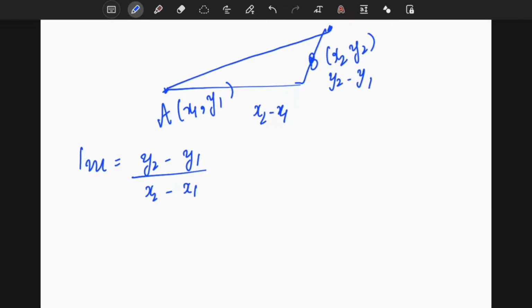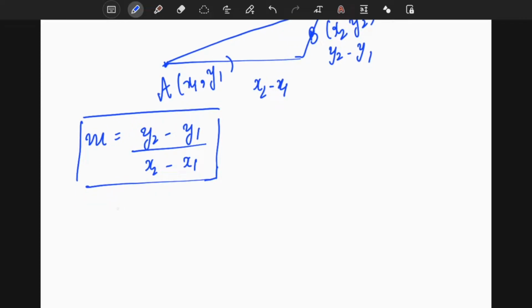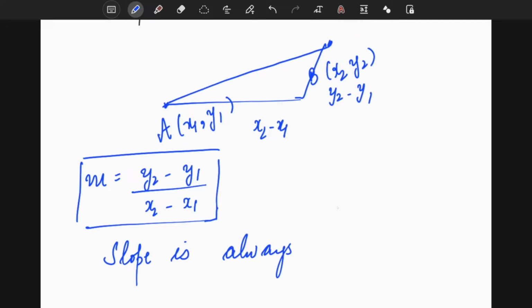This is a slope formula if you have two coordinates of the line, and slope is always represented by small m. Sometimes it's written in the question find small m, that means you have to find slope.